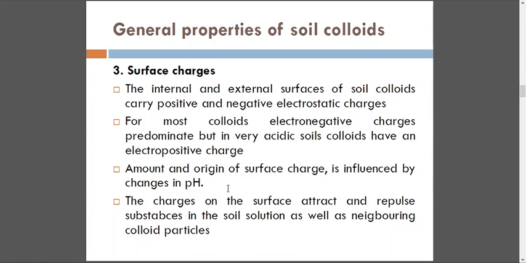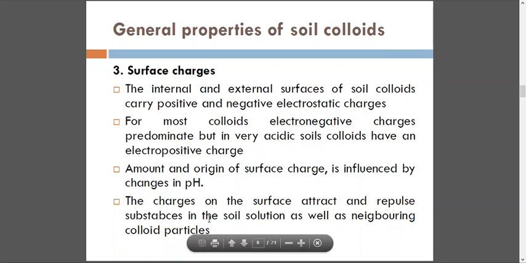of that particular soil or soil colloid, or the particular pH of that particular soil where we have found the colloids. So if the soils have a high pH or a low pH, then that will affect the charges on the colloids respectively.